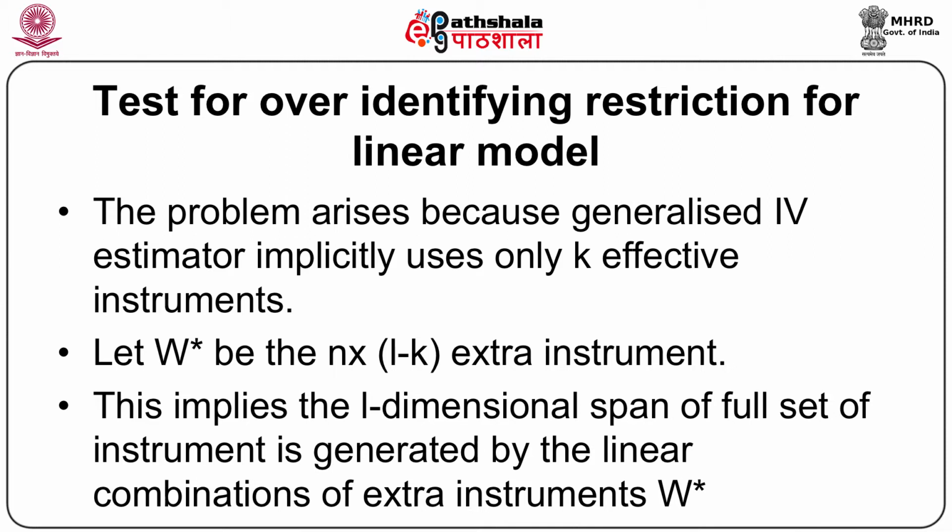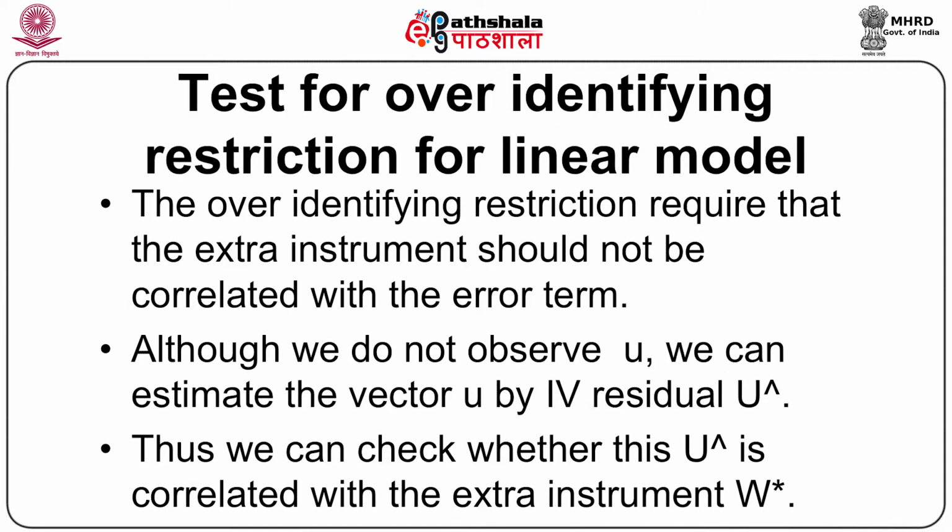Now, let W star be the n cross L minus K extra instruments. This implies the L-dimensional span of the full set of instruments is generated by linear combinations of the extra instruments W star. The over-identifying restriction requires that the extra instruments should not be correlated with the error term.